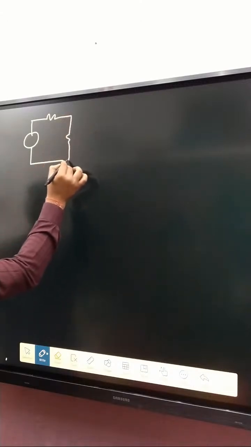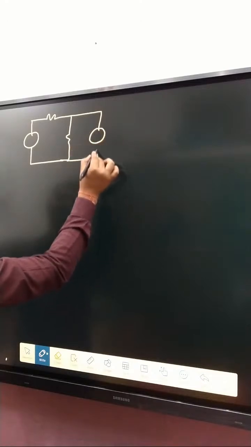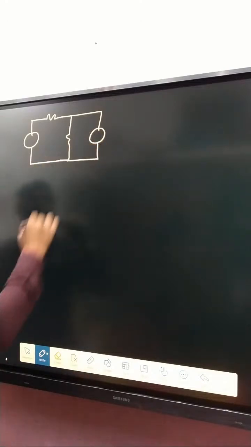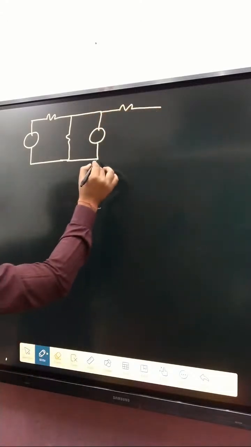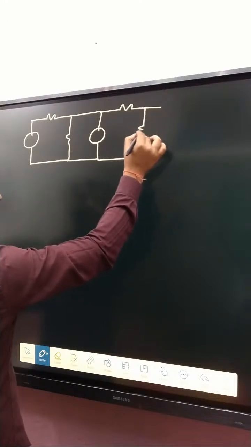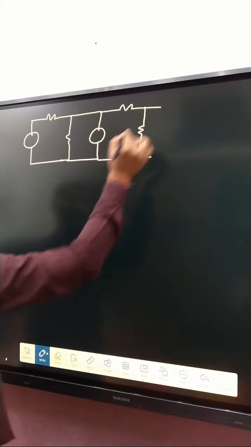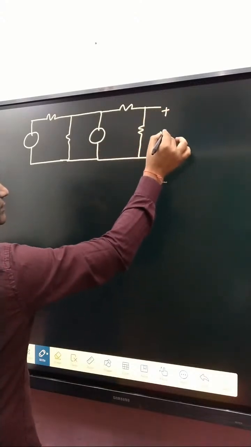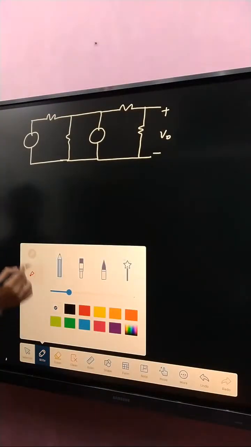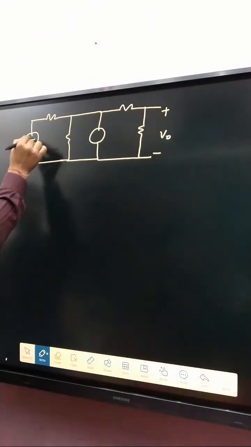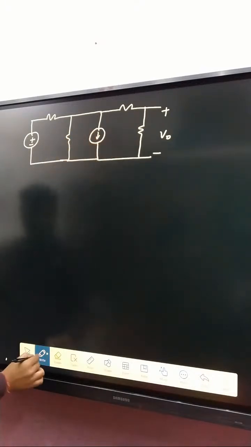A resistance like that one. A current source added here. Another resistance connected here, and after that again a resistance connected here. Our motto is to determine V naught. That one is positive and negative, and the current direction is given like that one.